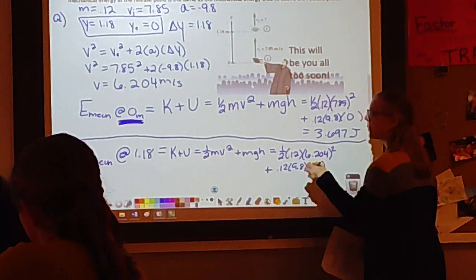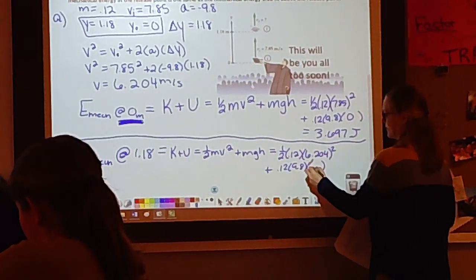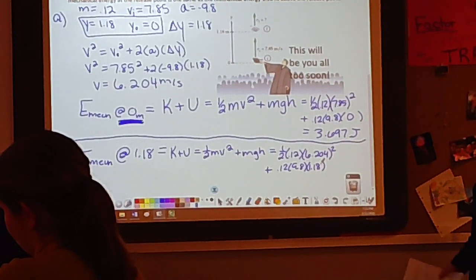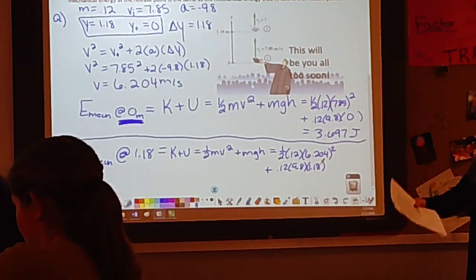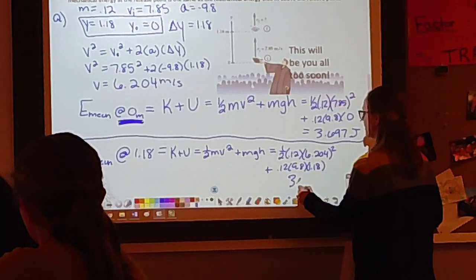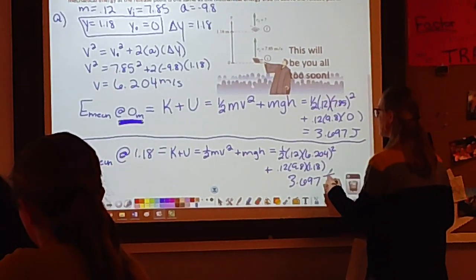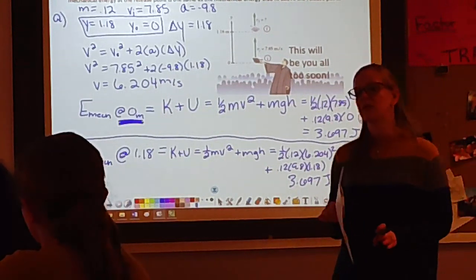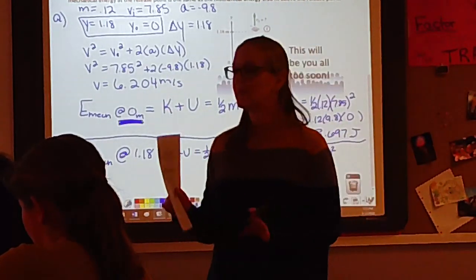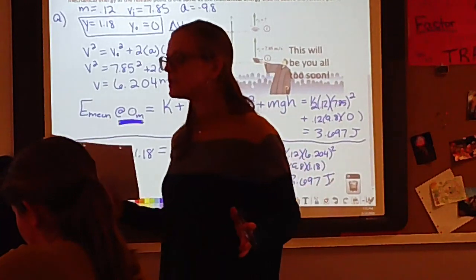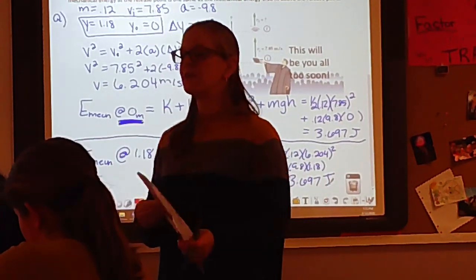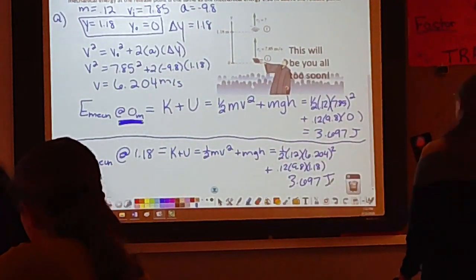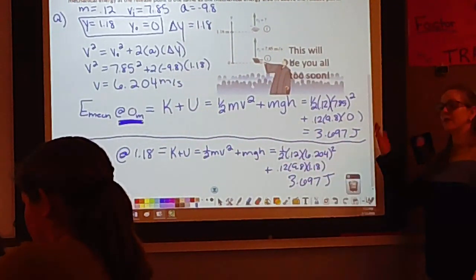What's the height at 1.18? Good. Yeah, 1.18. And we got 3.697. Yes. I don't know about you, but the fact that we use so many equations and plug so many things in and you end up getting the same thing is amazing to me. This is one of my favorite lessons of the entire year right here.